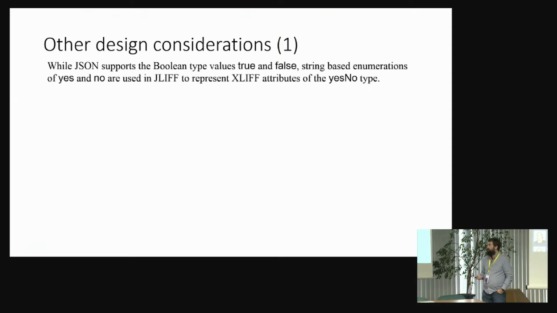But then we had some discussion, and we decided to string-base them in JSON and make them yes/no enumerations, because Boolean behaves in a different way than intended. If a Boolean fails to come true, you assume false. But if a LIOM or XLIFF yes/no attribute is not specified, the default is yes.